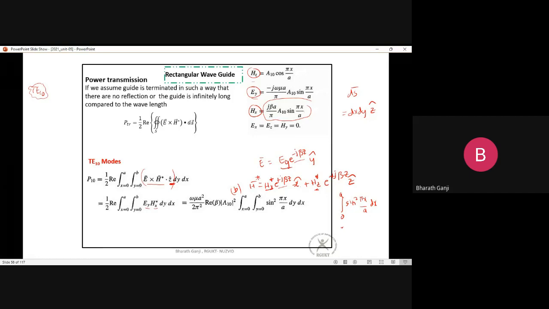Maybe you can put pi x by a as some theta. Then you get 0 to pi sine square theta, a by pi d theta. What is the answer to this?